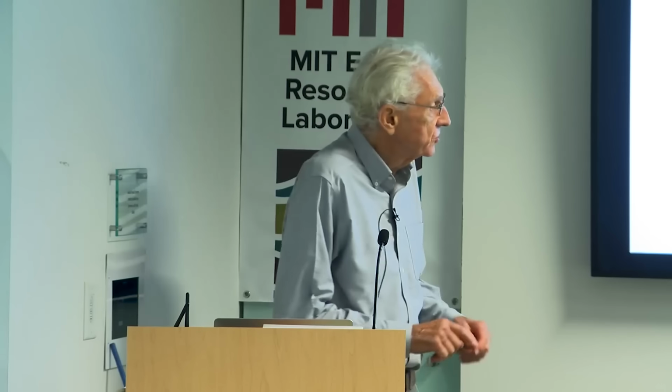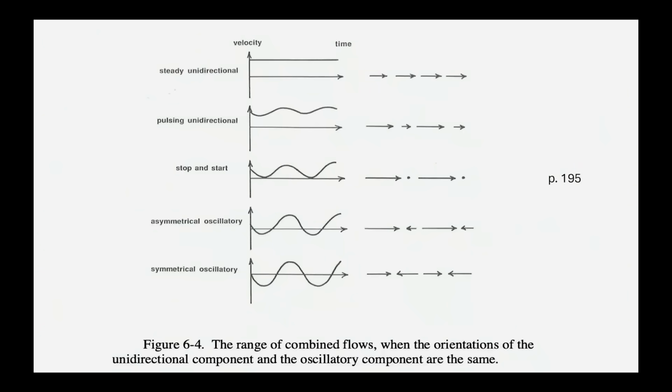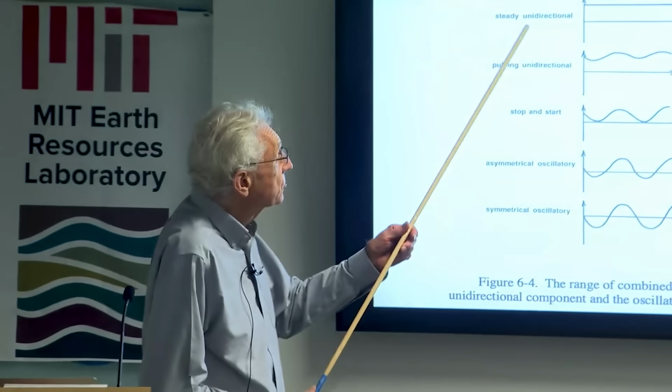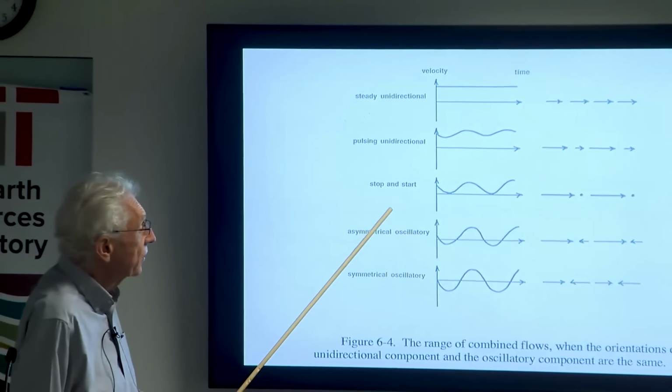The simplest case is they're collinear. And that's easy to do in the lab because you have a channel with a flow in it. At the same time, you're making waves. And you can look at the effects when they're collinear. And in this case, you can see that this is a spectrum. Steady unidirectional flow, with time-varying velocity.